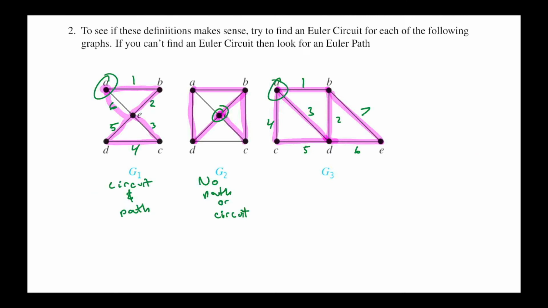So I just numbered it. We started here and we went 1, 2, 3, 4, 5, 6, 7. Okay. There we go. That is an Euler path.